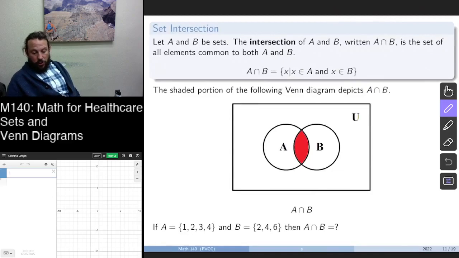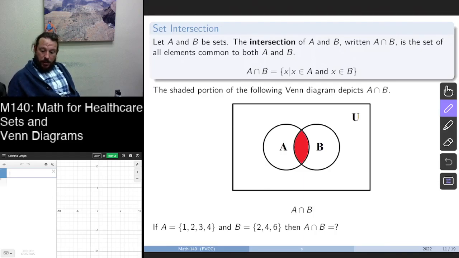If A equals {1, 2, 3, 4} and B equals {2, 4, 6}, think about what A intersect B is. Here it has to be in both. Hit pause, think about it.